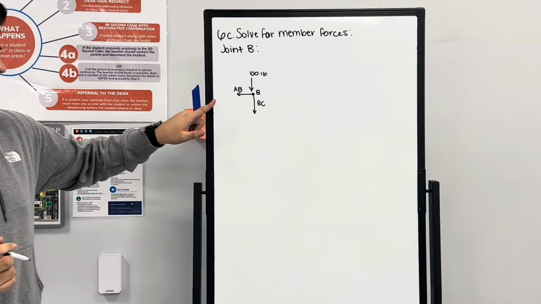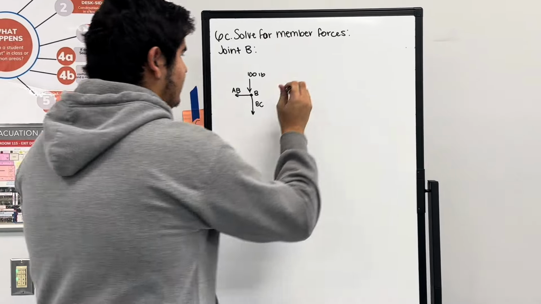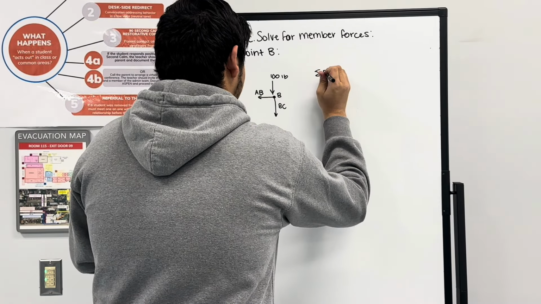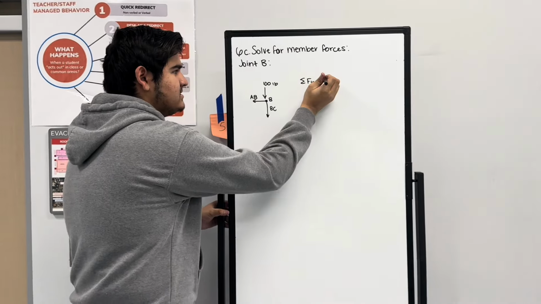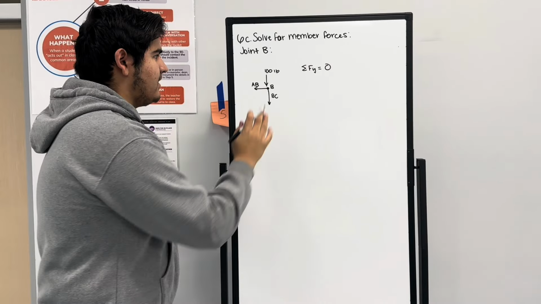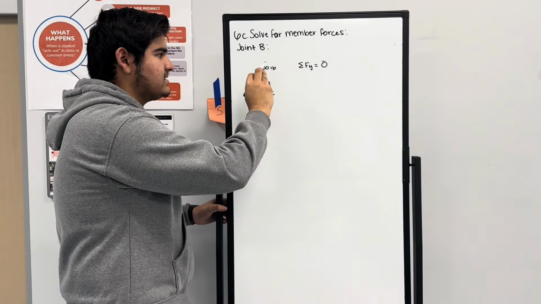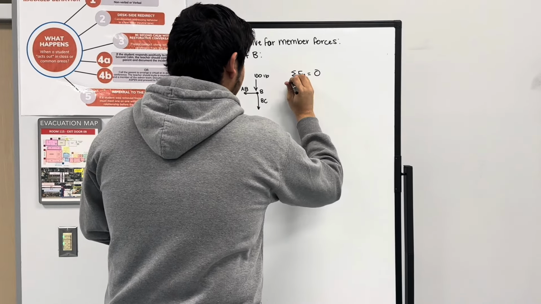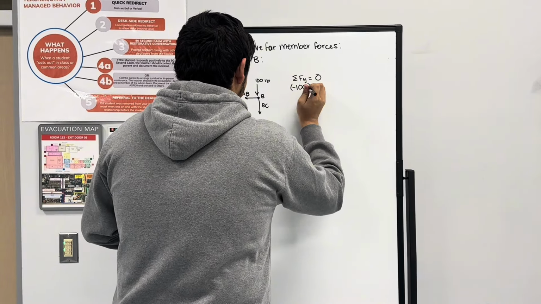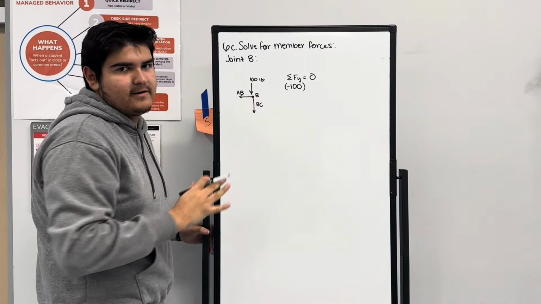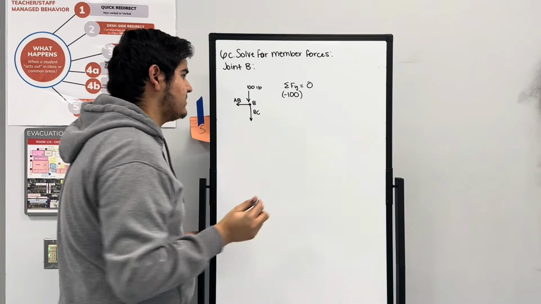So now we're going to solve for BC, and by doing that, we're going to use the sum of all the forces in the y direction equation. So first we have the 100 pounds that's going down, which means it'll be negative. And we have BC that's going in the y direction, and since it's going down, it will also be negative.